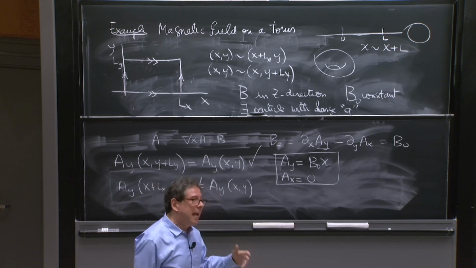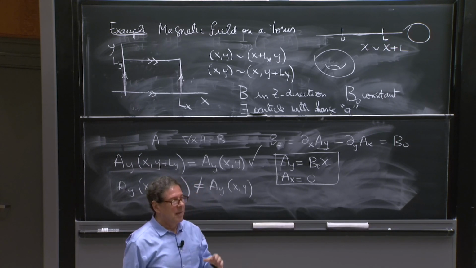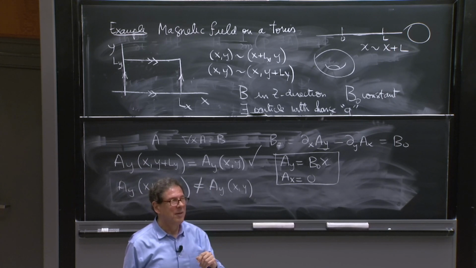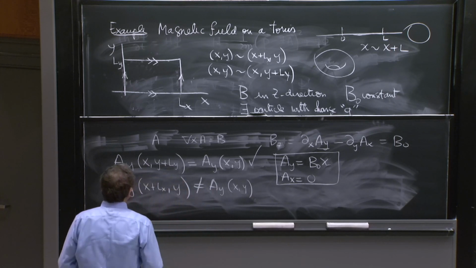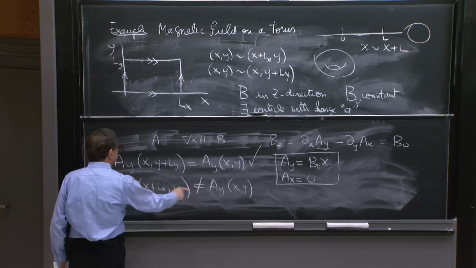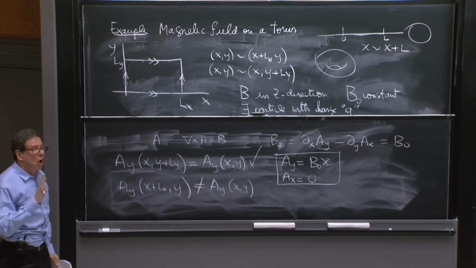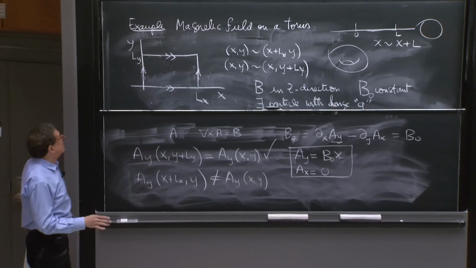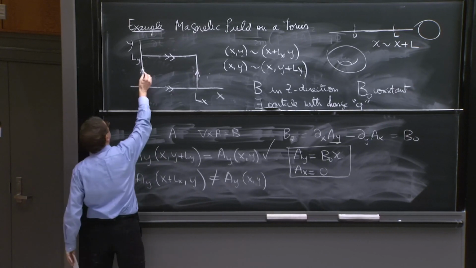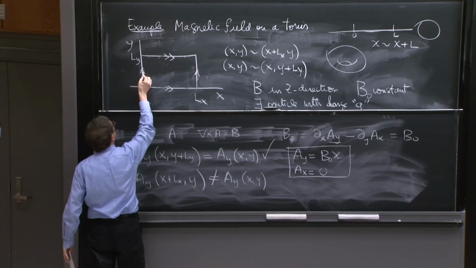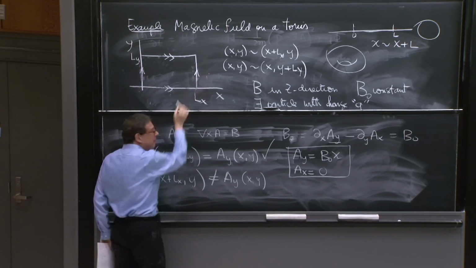But here the gauge transformations come a little to the rescue. When you work with vector potentials, you don't really need that the vector potential be the same here as here.